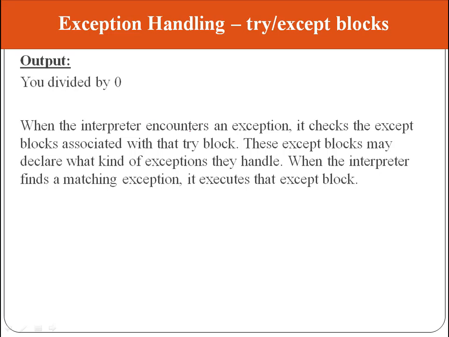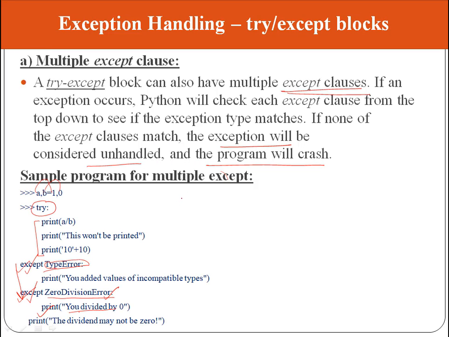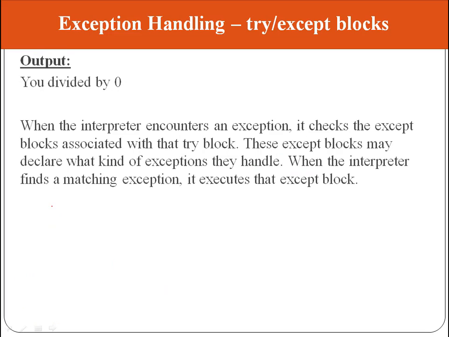So when the interpreter encounters an exception, it checks the except blocks associated with that try block. Now you can see that these except blocks are associated with this try block. These except blocks may declare what kind of exceptions can be handled.